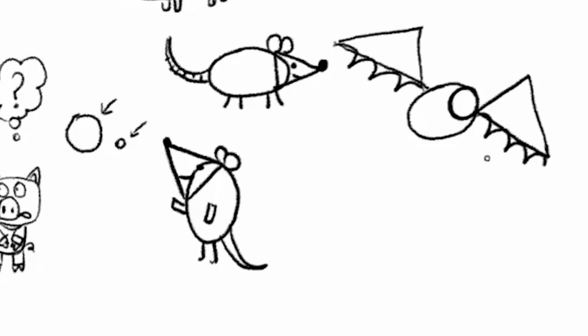And then the bat also has triangle ears. And it actually does have a muzzle. It's small. It has two eyes. Then you can draw the middle part. And you can draw the feet.